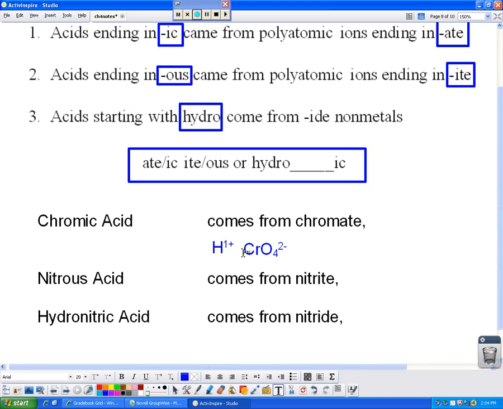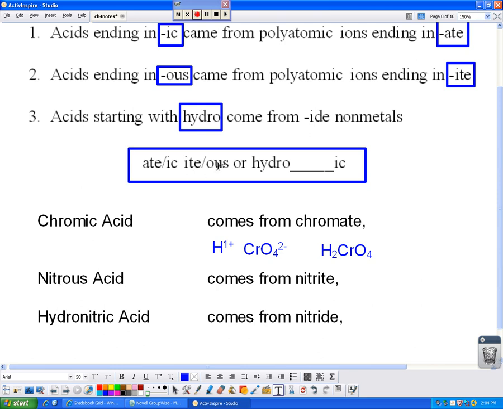So if this is a +1 and that's a -2, how many hydrogens do I need? I would actually have to have 2 hydrogens to balance out the chromate. And here is the formula for chromic acid: hydrogen with chromate, H2, the 2 hydrogens to balance out that charge, and then chromate.